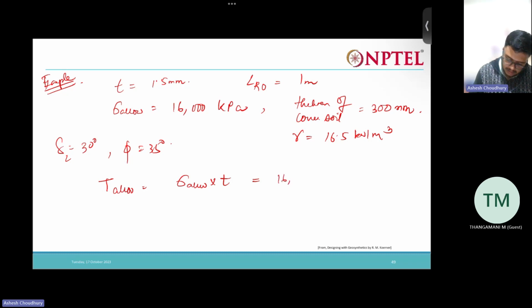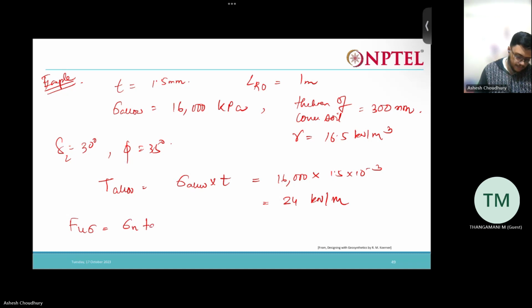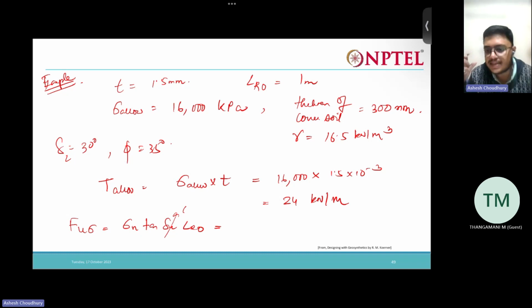So sigma allow is 18,000 into thickness. We want to do F upward, delta U. You can take this as 0 because we are assuming that the cover soil layer is thin, and there might be cracks that develop.